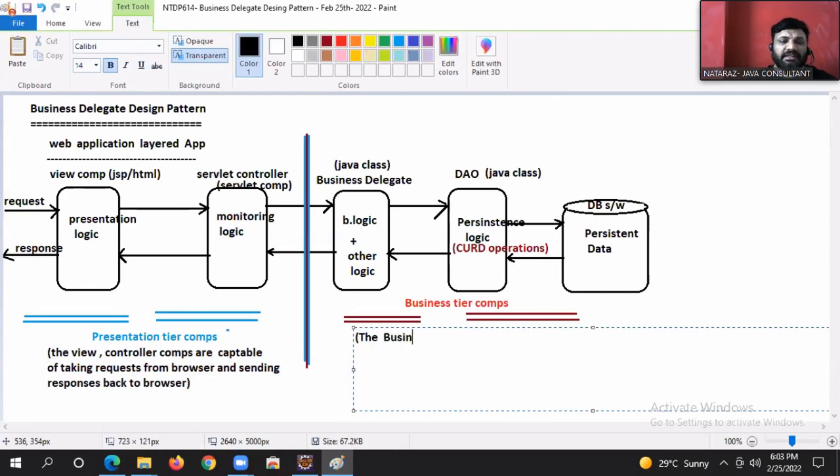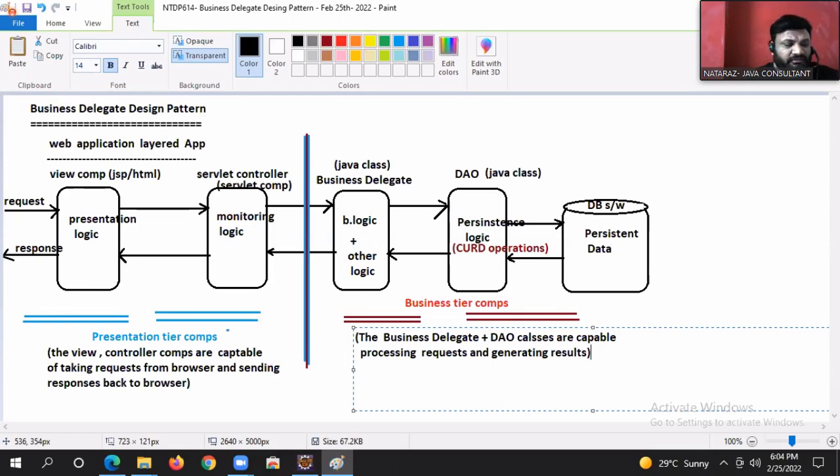Here are my business tier components, guys: the business delegate and DAO classes. They are capable of processing requests and generating results. Components that are capable of processing requests and generating results are technically called business tier components.